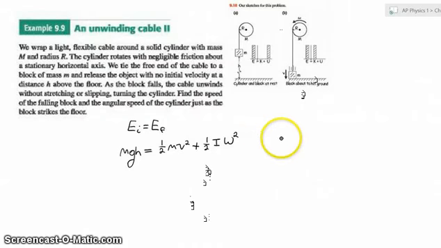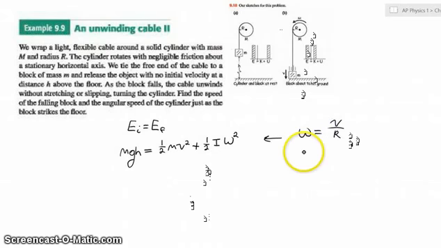One, if the string unwinds without slipping so that there is a direct relationship between the translational speed of the block and the angular velocity of the pulley, then we know that the angular velocity is equal to the speed of the block divided by the radius of the pulley, r.